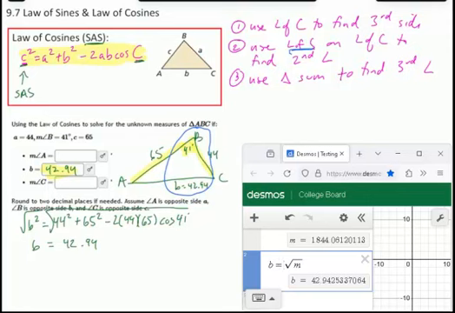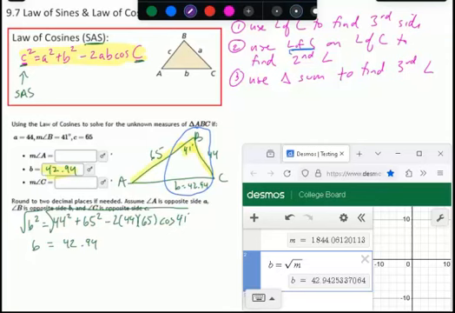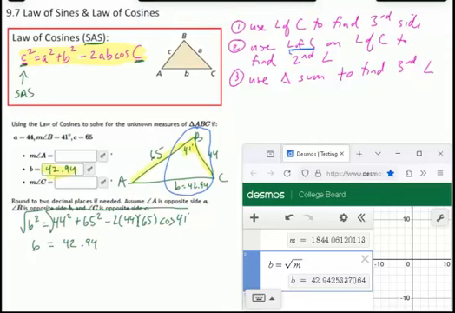Now, when we move to the second step, you can choose one or the other. The law of sines is an easier calculation, in my opinion. And so here, if we're going to find our second angle, anytime your unknown is on the law of sines, you're going to put that unknown in the numerator. So let's say I want to find angle A first.